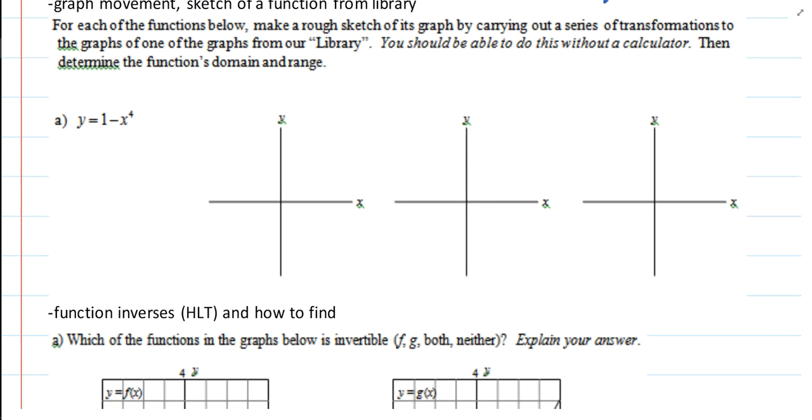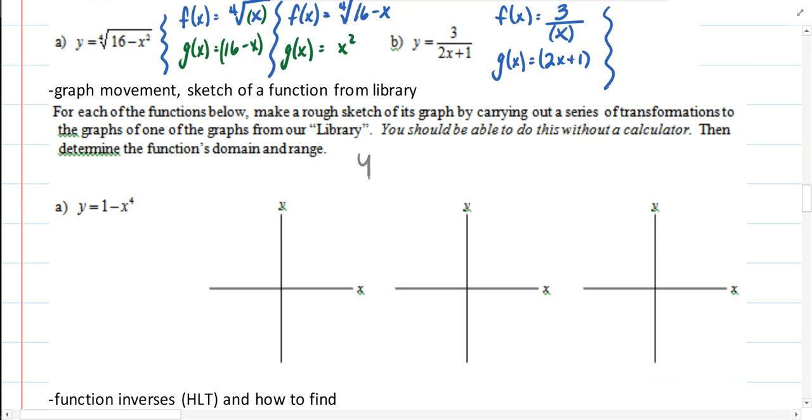The last example that I'd like to discuss in this video is about graph movement, and you should recall that the graphs of parent functions can be transformed by using 4 variables. We sometimes say that the resulting graph y equals is dependent upon the variable a, which multiplies by a function.